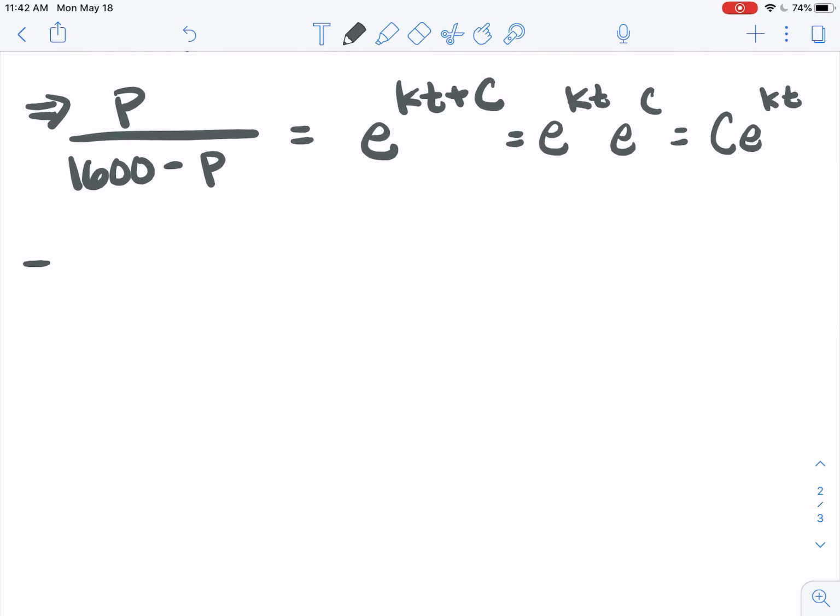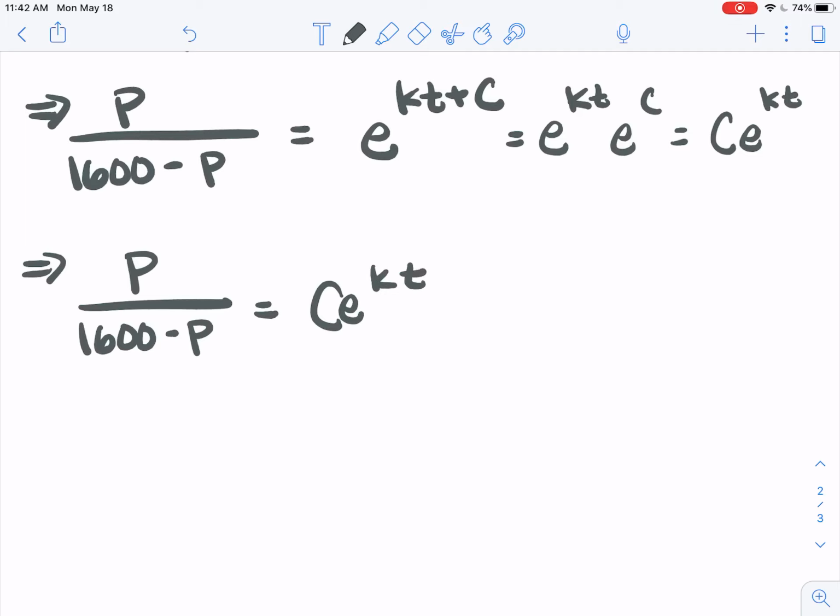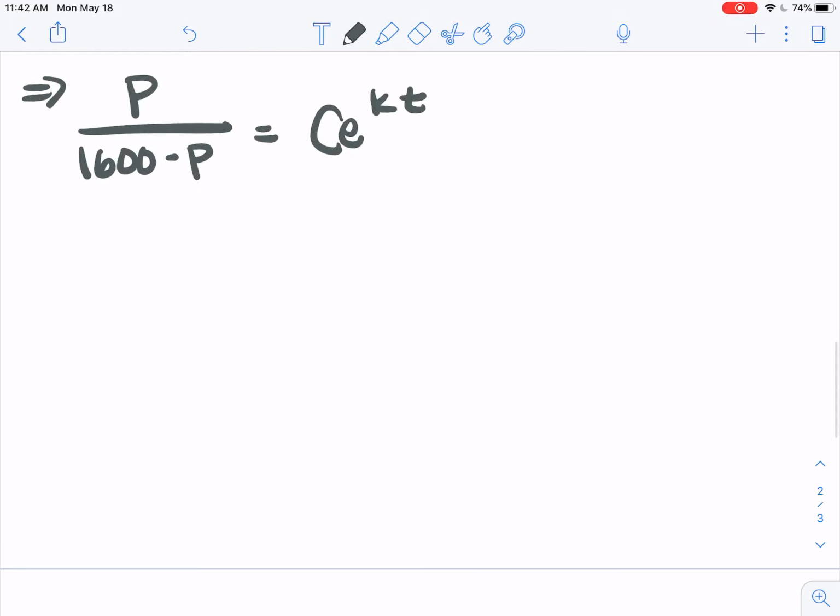And now, cutting out the middle equations but rewriting what we've already done, that's a solution, but it's implicit. We can actually solve this for p, and in this case it's nice to do so, even though it's a little bit messy algebraically. We're going to multiply both sides by 1,600 minus p.